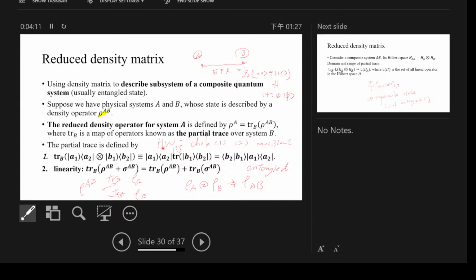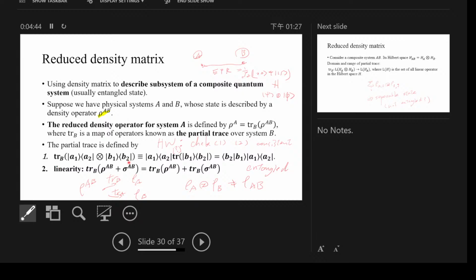Anyway, the partial trace operation is defined by those two rules. First, if you have a tensor product, so those are non-entangled density matrices, then partial trace means that you trace over the B part. If you have some ket and some bra on B, then it becomes bra times ket, which is a number, multiplying your matrix on the A part.